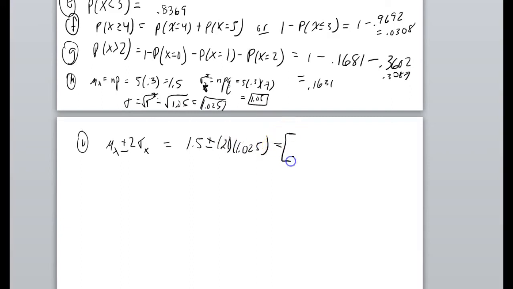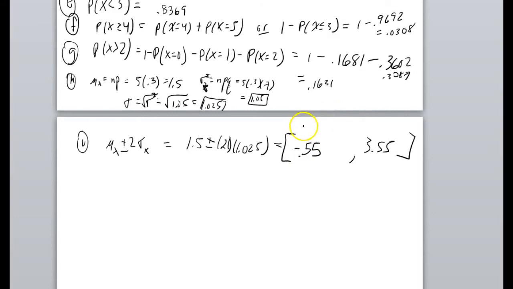So that's going to equal a range of sorts. On the high end, that's going to give us 3.55. On the low end, it's going to give us minus 0.55.